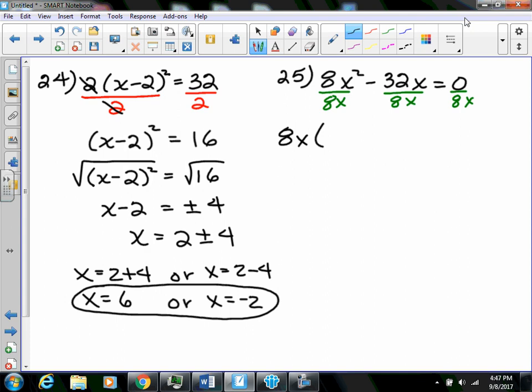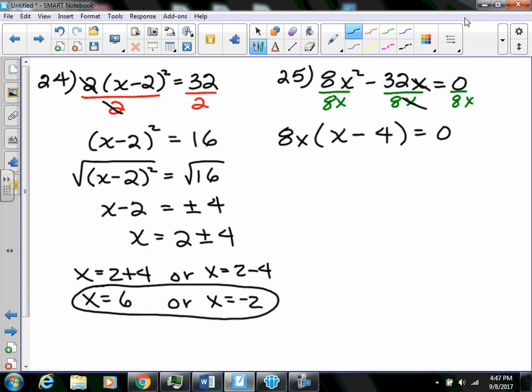So the first term divided by 8x will leave me x, minus the second term divided by 8x. The x's will cancel out, but 32 divided by 8 is 4. And 0 divided by 8x is still 0. Now I've got 8x times (x minus 4) equals 0.